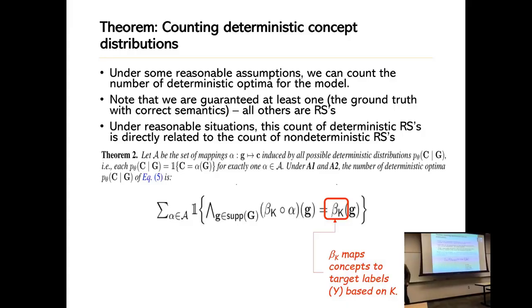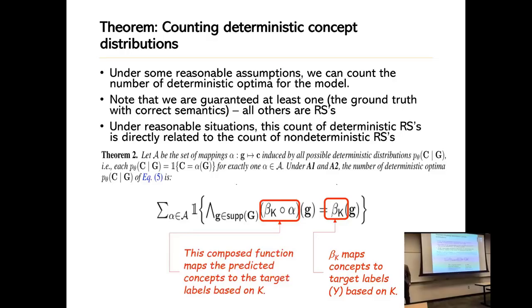And then you have this composition beta k composed with alpha, and that maps predicted concepts to the target labels based on k.